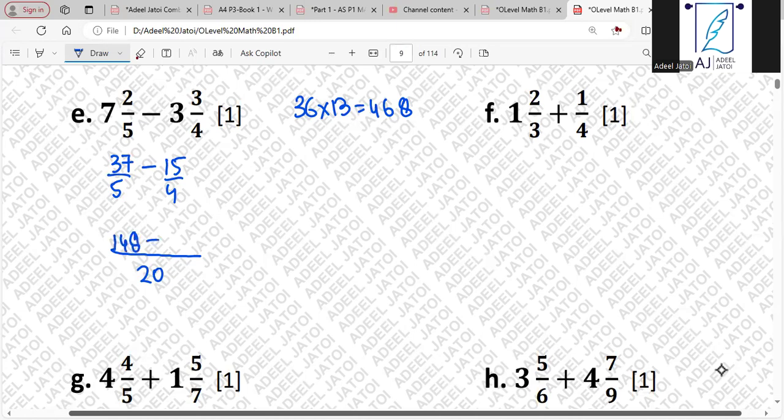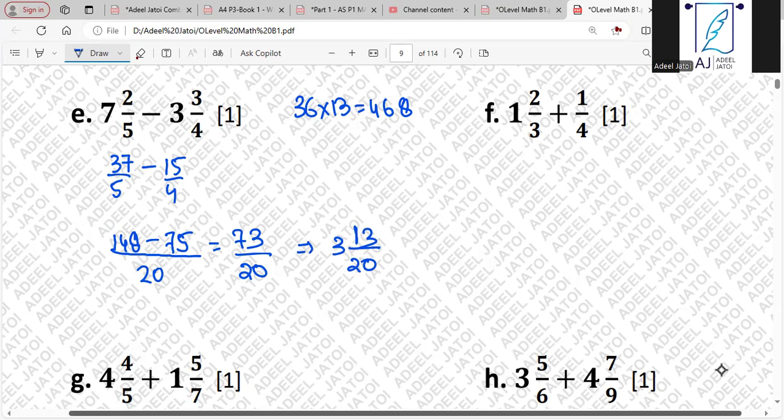Minus 20 divided by 4 is 5, and 5 into 15 is 75. 148 minus 75 becomes 73 upon 20. You can give your answer here, but let's change it to a mixed number. 3 twenties are 60, and the difference between 73 and 60 is 13. So this is the answer in mixed number for 73 upon 20.